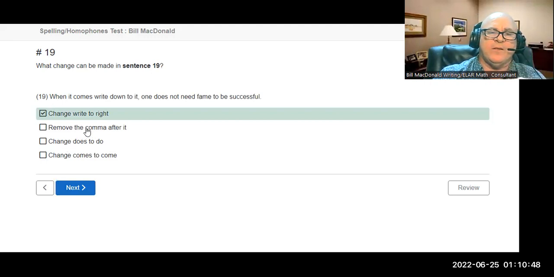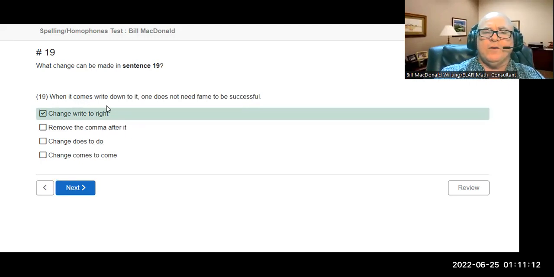Let's find out why the other ones. "When it comes right down to it," remove the comma. Because you're telling me a when statement that's kind of a long introductory phrase, you would typically want to leave that comma so that you can have your independent clause after the introductory phrase. Change "does" to "do."